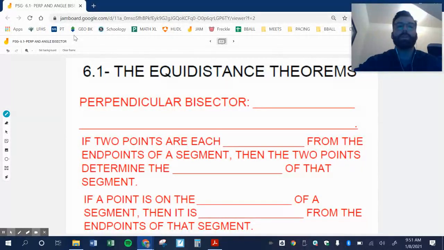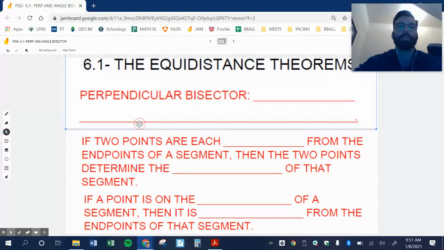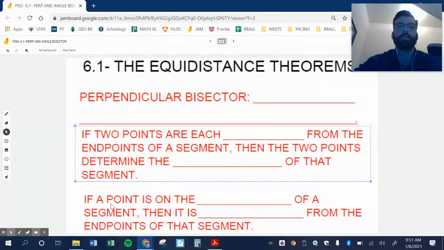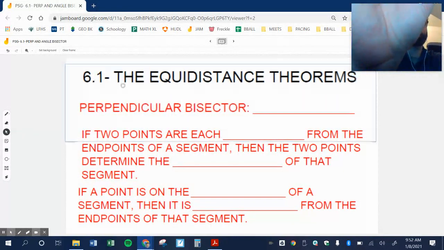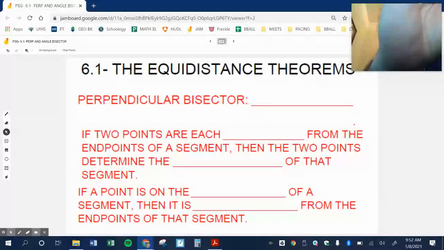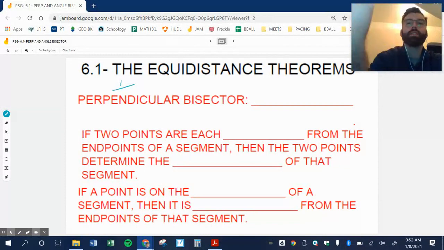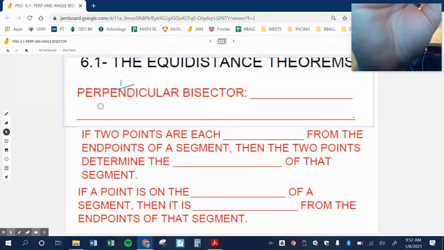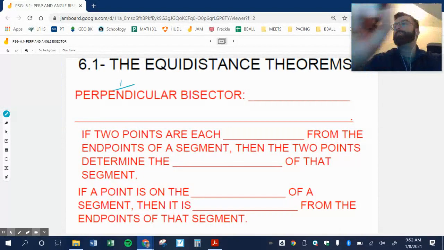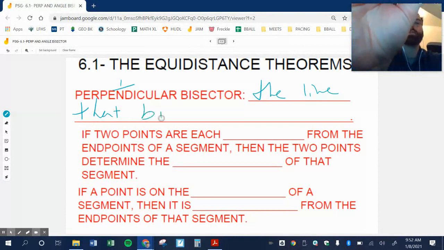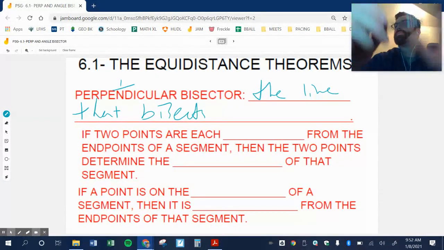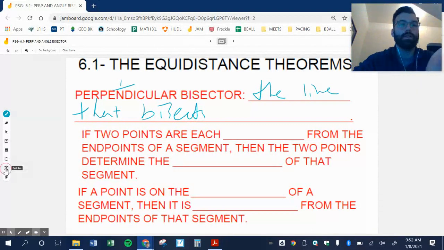So a perpendicular bisector. Remember we mark perpendicular with the upside down T like that. It's the line that bisects and is perpendicular to a segment.